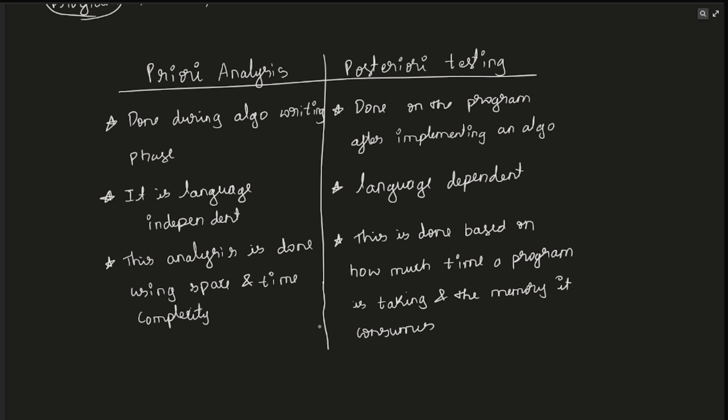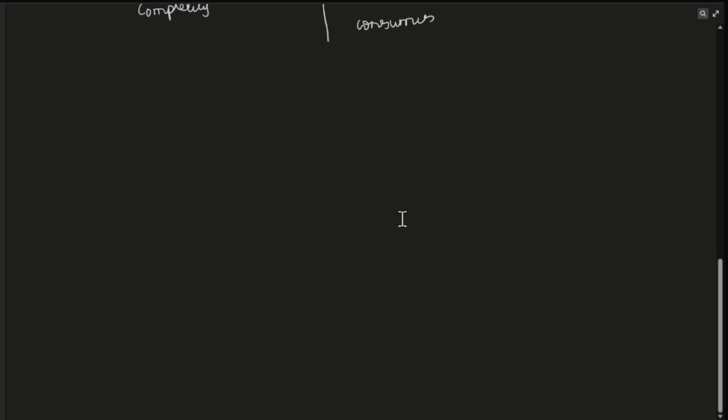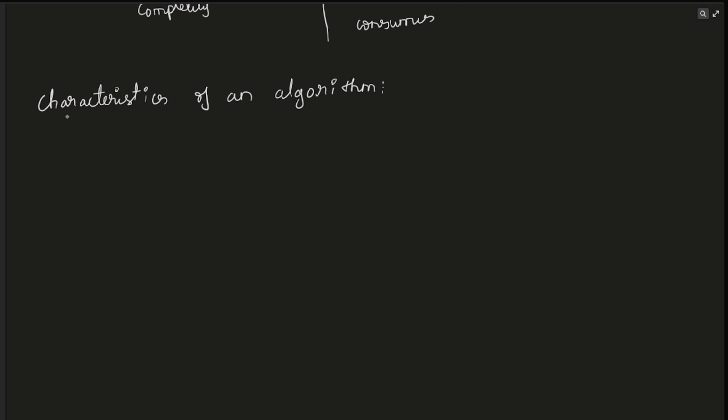I hope the introduction to algorithms and the difference between an algorithm and a program is now clear. Let us look into some of the characteristics of an algorithm. The first one is input.